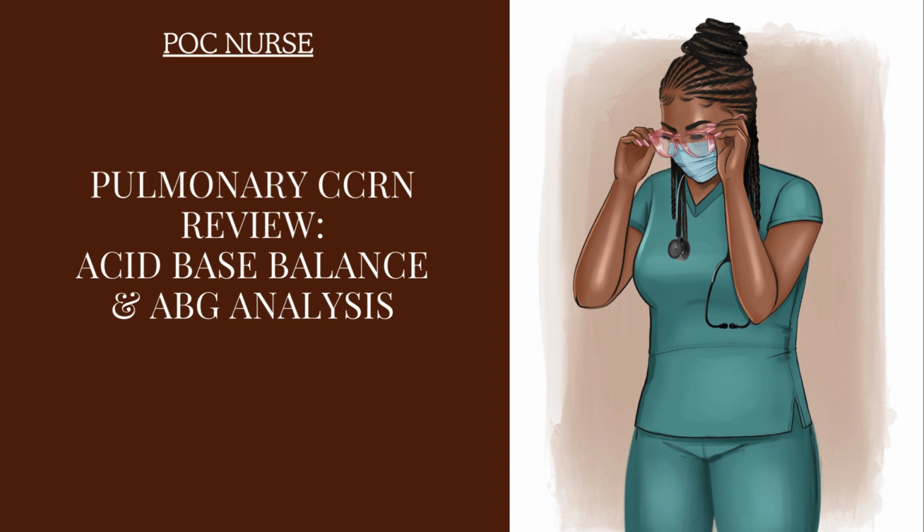When we talk about partial compensation, it means there has been a change from the uncompensated imbalance to a situation where the acid base imbalance is heading towards being balanced. And then when we talk about full compensation, now the pH has gone from heading towards being normal to now being normal. It's going from imbalanced to balanced.